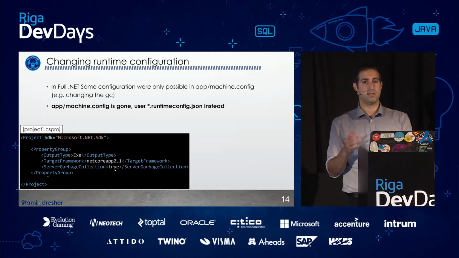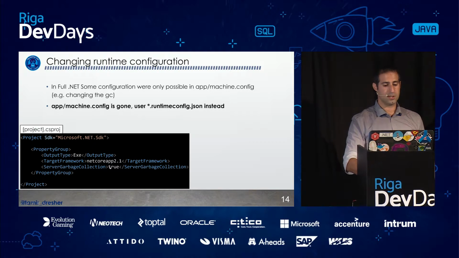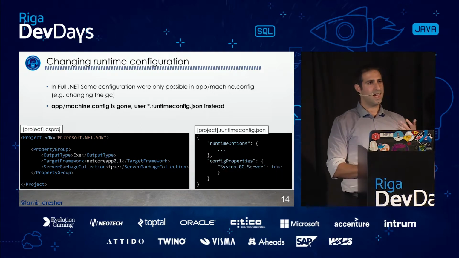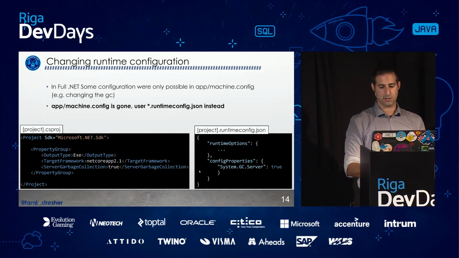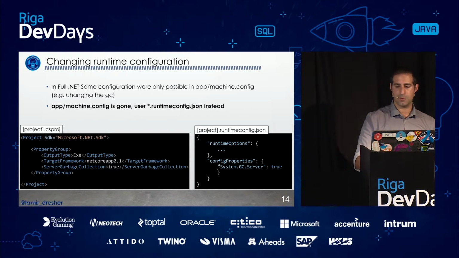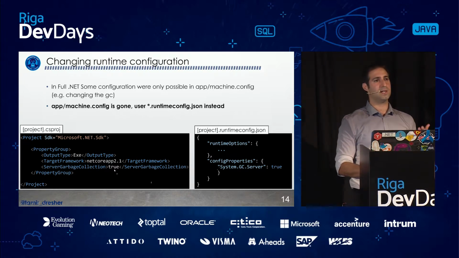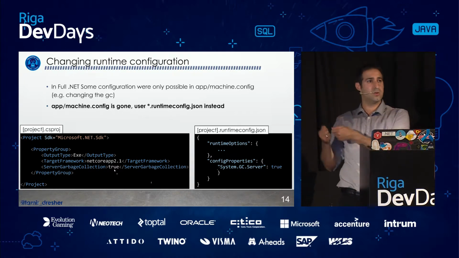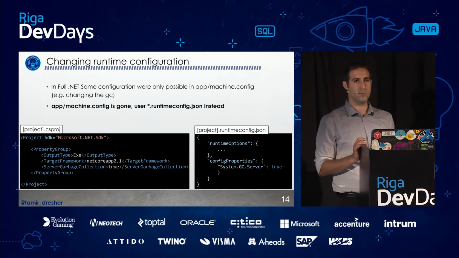When I now build this application, the configuration that I wrote in my csproj is output into the runtimeconfig.json. You can see here I have configProperties, and inside System.GC.Server is true. So even if I didn't specify it in the csproj and just included it in my runtime config file, it would work the very same way.